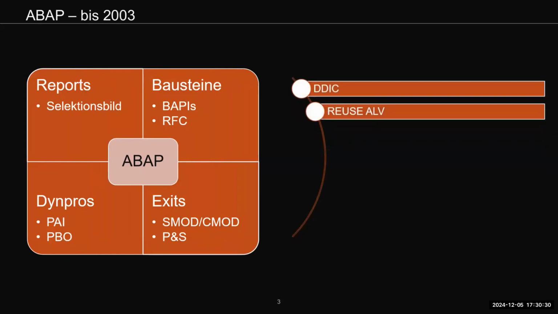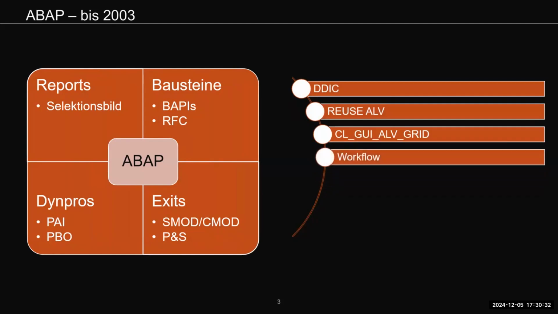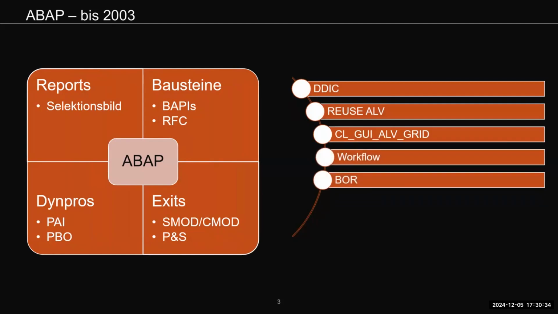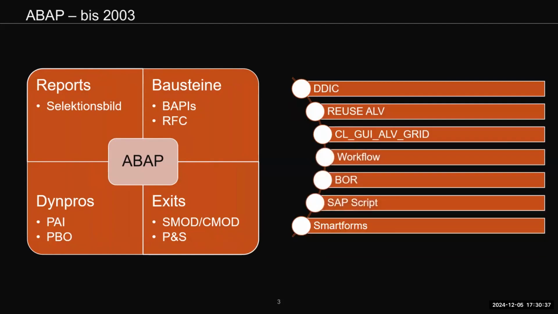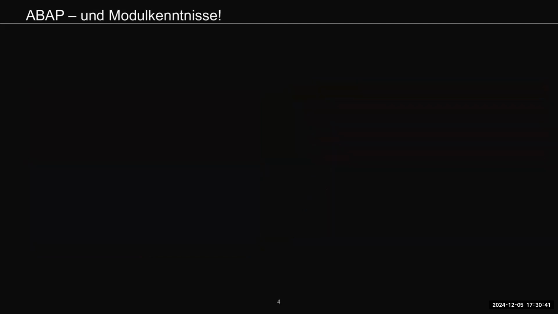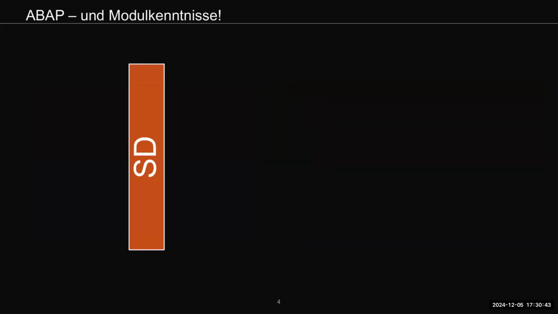And also the complete other ABAP technology stack was needed for an old ABAP developer, like Smartforms, Workflow, CL_GUI, ALV Grid, and all the stuff we already know from the old world.